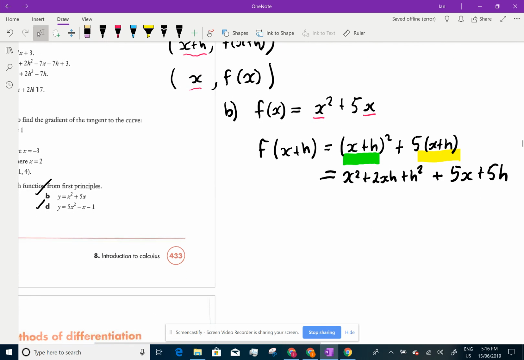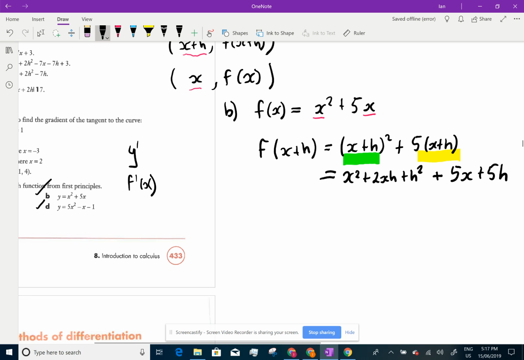Now remember, there's lots of different ways we can write the derivative, because when it was discovered or invented or found upon, it was by two people, Gottfried Leibniz from Germany and Isaac Newton from England. So we have lots of different terminology. We can call a gradient function y dash. We can call it f dash of x.